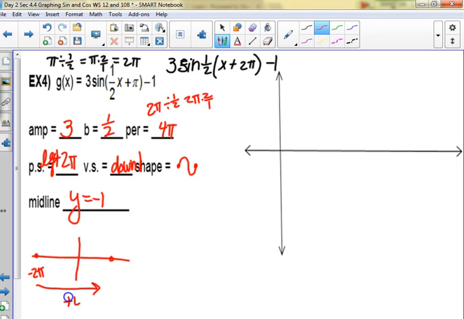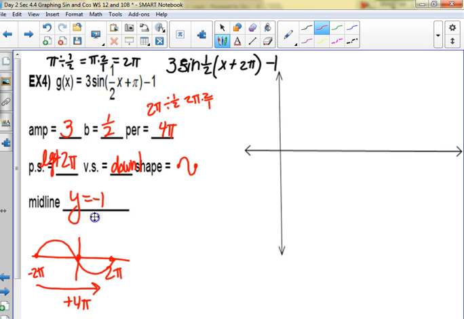If it goes to the left to -2 pi when it starts, and it finishes 4 pi later, where would I finish? At 2 pi. So it looks like this, right? It went left 2 pi, and it has a period of 4 pi. It finishes at +2 pi. It goes through the origin.